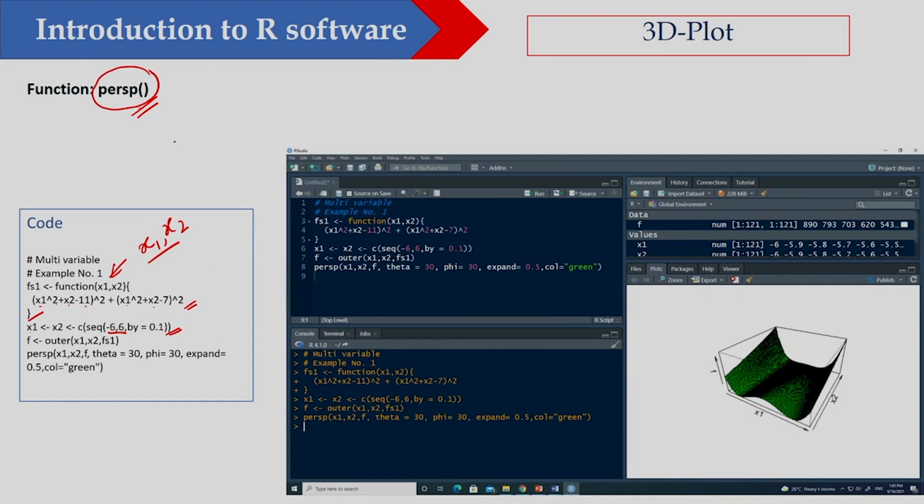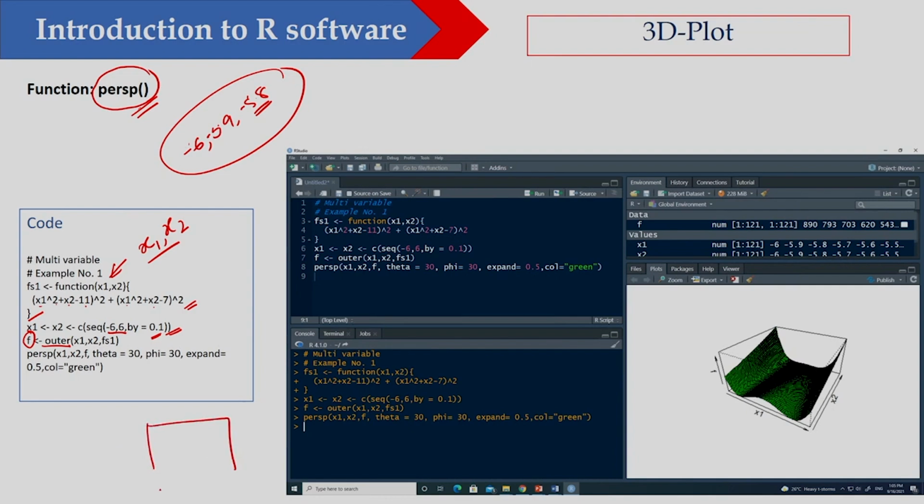So, that means the values will be minus 6, then minus 5.9, then minus 5.8, something like that. Okay. So, I am using from minus 6 to plus 6 and the interval is 0.1. Then I am using the outer function to calculate the function value at different grid points.